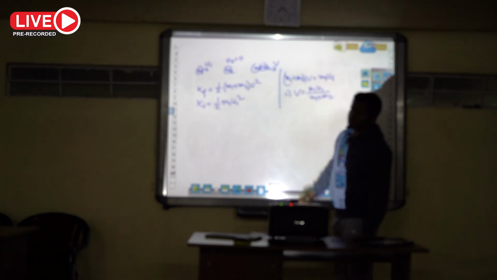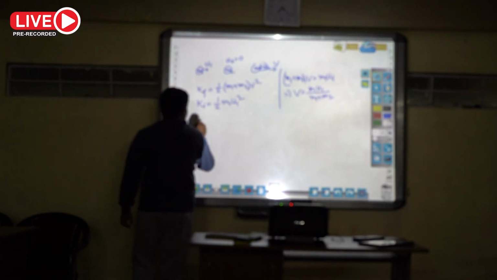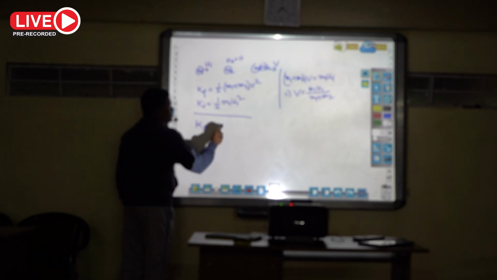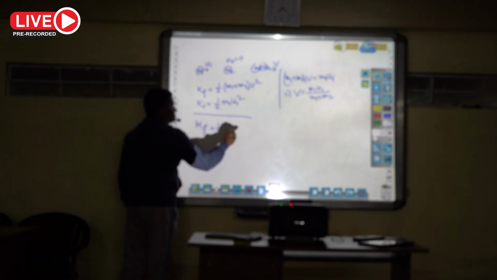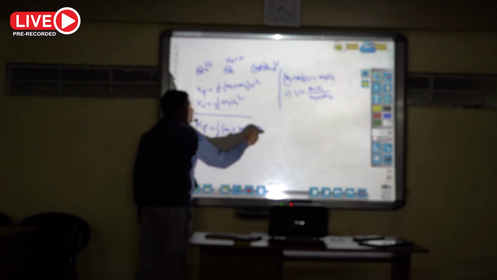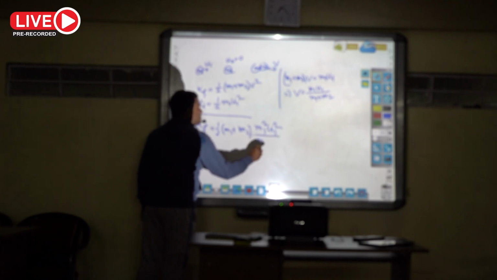We can substitute it in place of Kf, and then Kf becomes half (m1 plus m2) v square. V square means m1 square u1 square divided by (m1 plus m2) whole square.